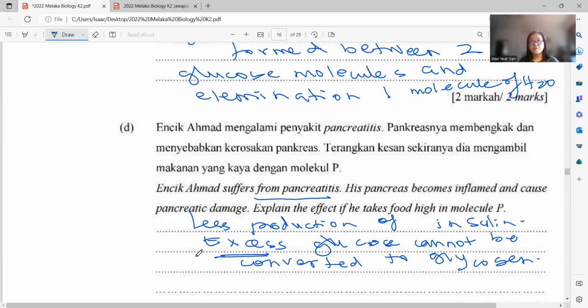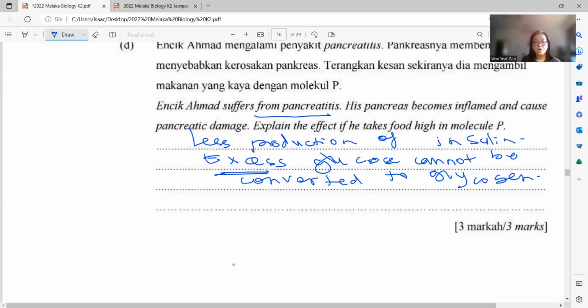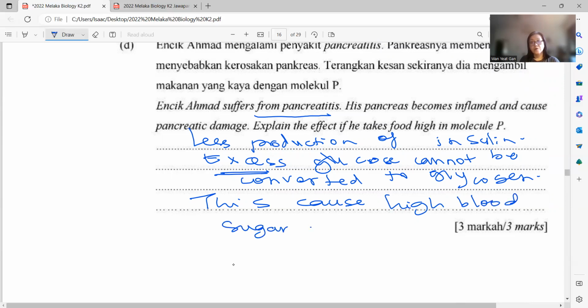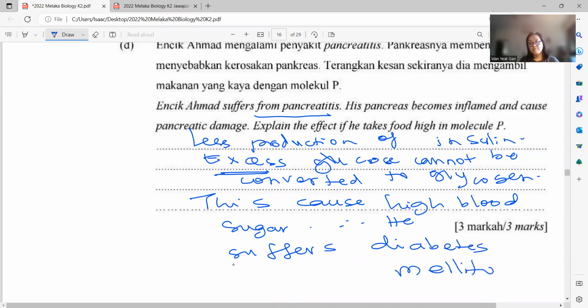As a result, this will cause high blood sugar. So that means he's suffering diabetes mellitus.